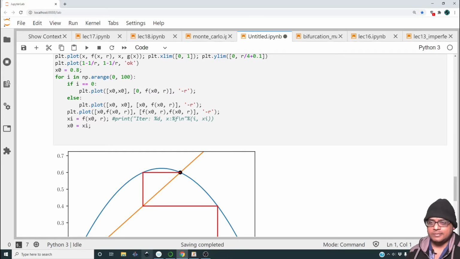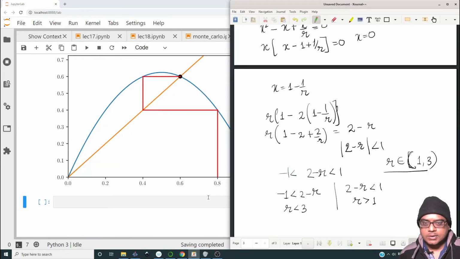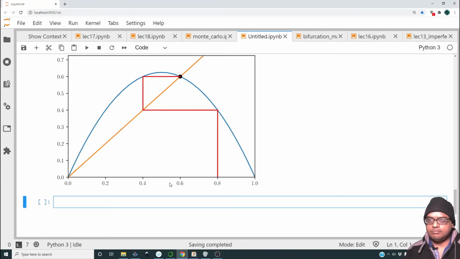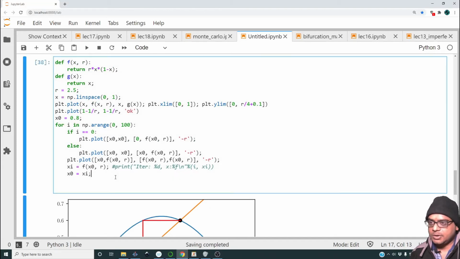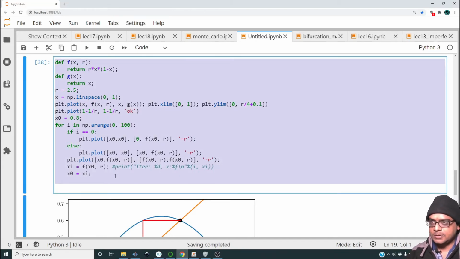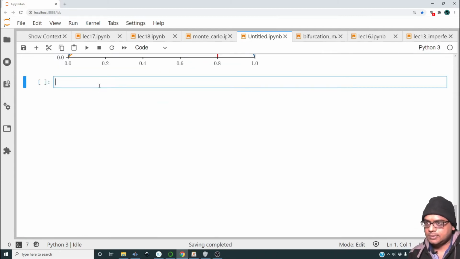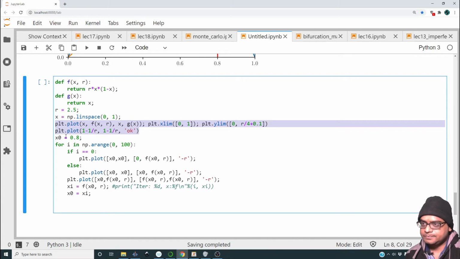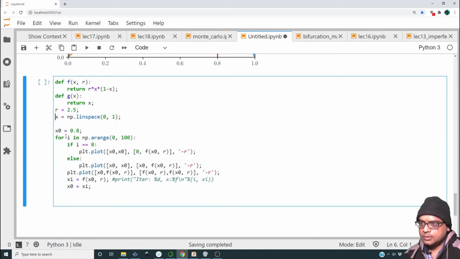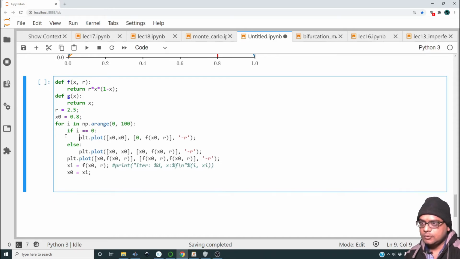So let's see. Let us now plot the iterates, how they look like. So let me grab hold of this snippet, and instead of plotting the cobwebs, we are now interested in plotting the time series, right?